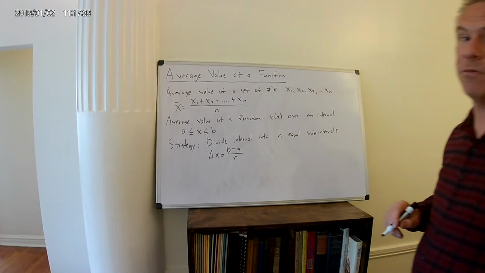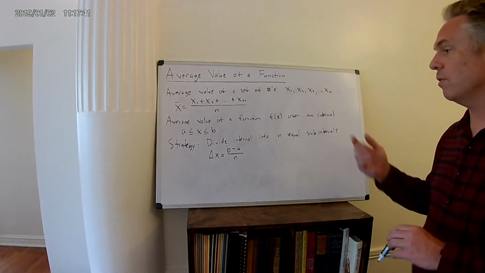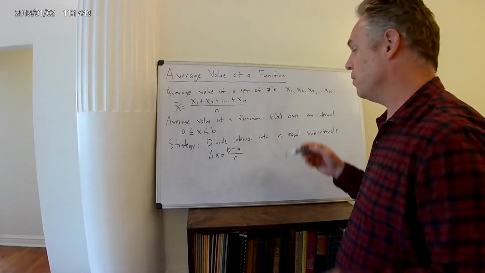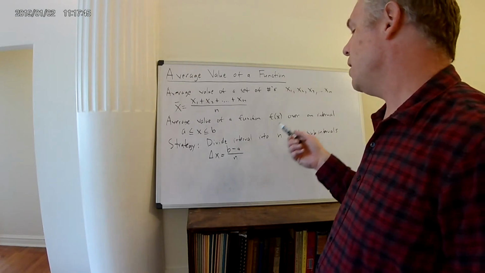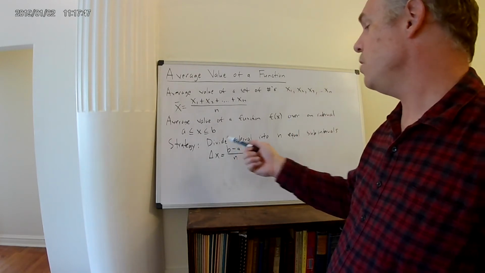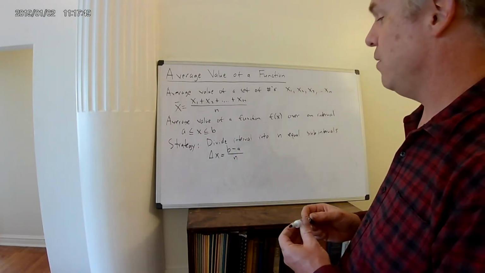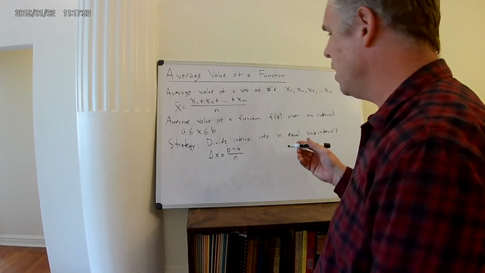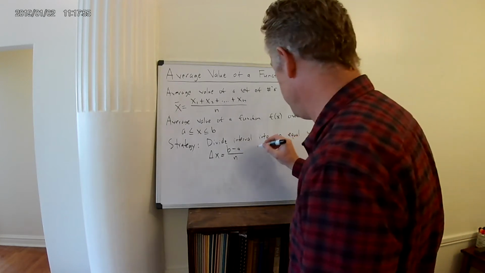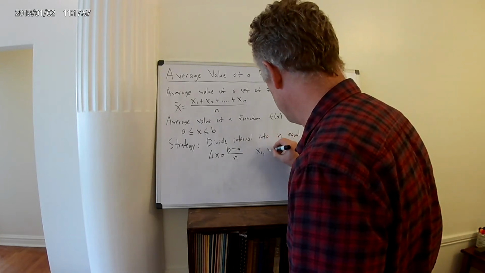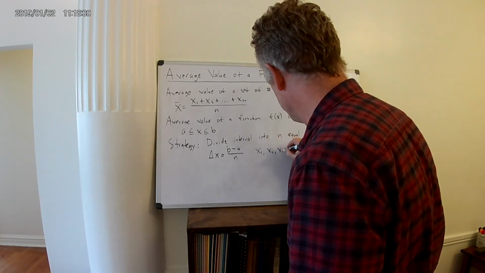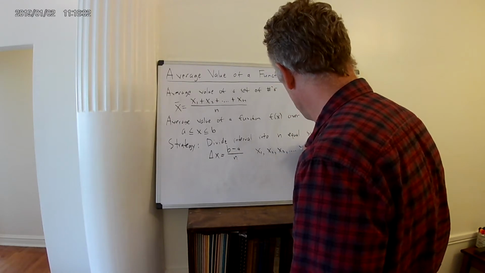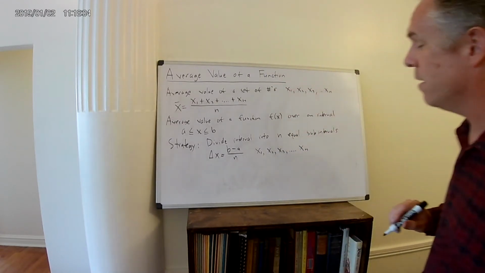We've seen this before when we did our formula for finding the area under a curve. So we're dividing our interval [a, b] into n equal subintervals, which each have a width b minus a over n. And this creates a set of points along these subintervals, x1, x2, x3, and so on, all the way to x sub n.